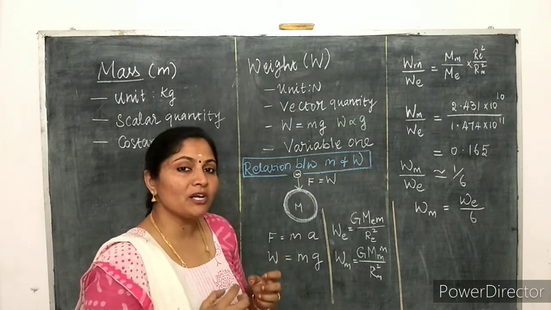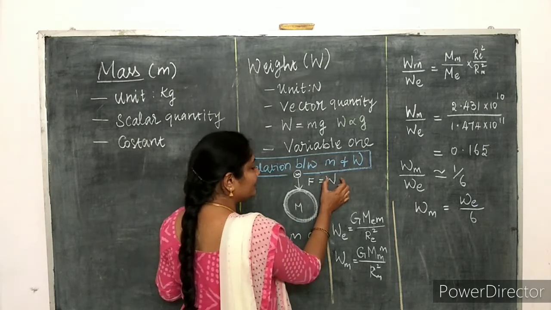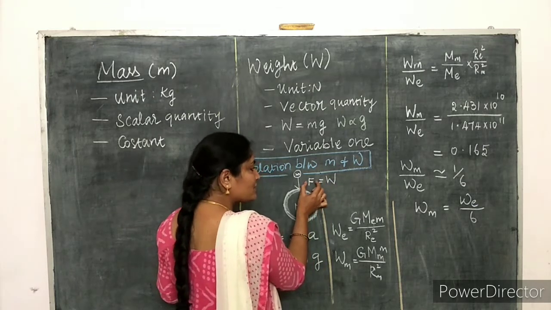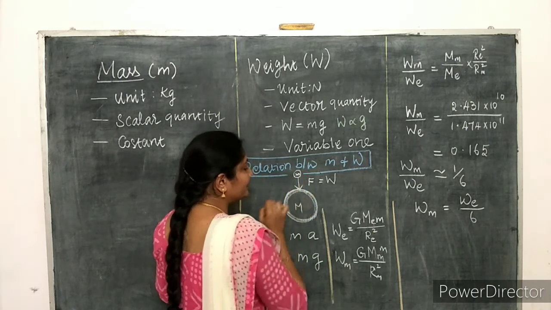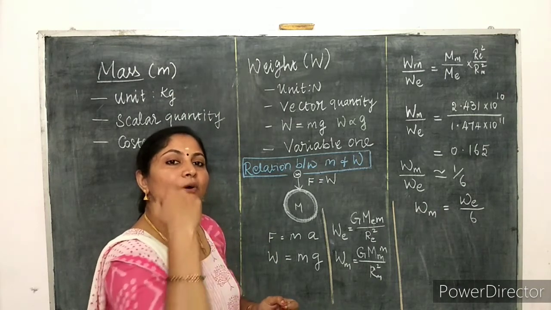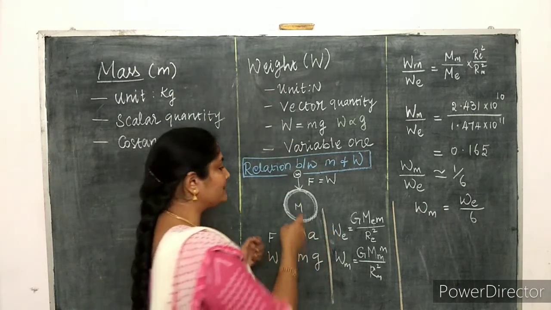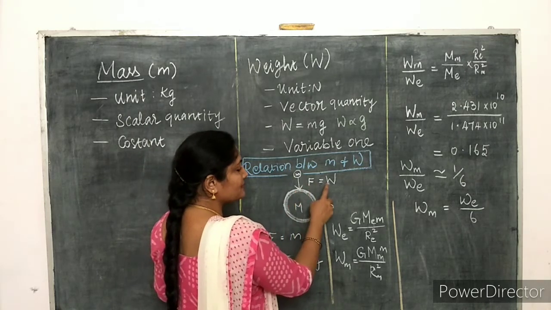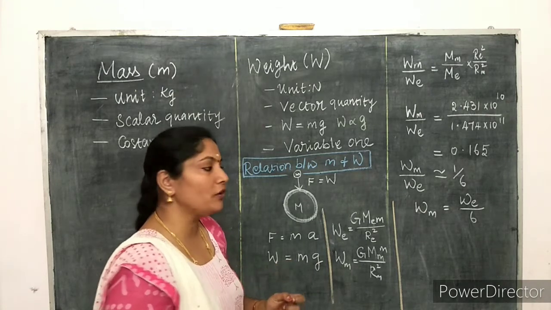First we should know what is meant by weight. Weight is nothing but the force with which an object is attracted towards the earth. That is the gravitational force acting on the object that attracts that object towards the earth. That force is said to be W. What is W here? That is the weight of the object.